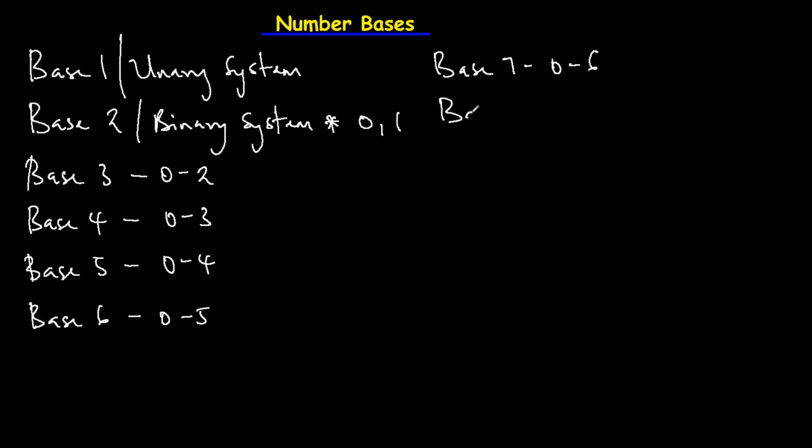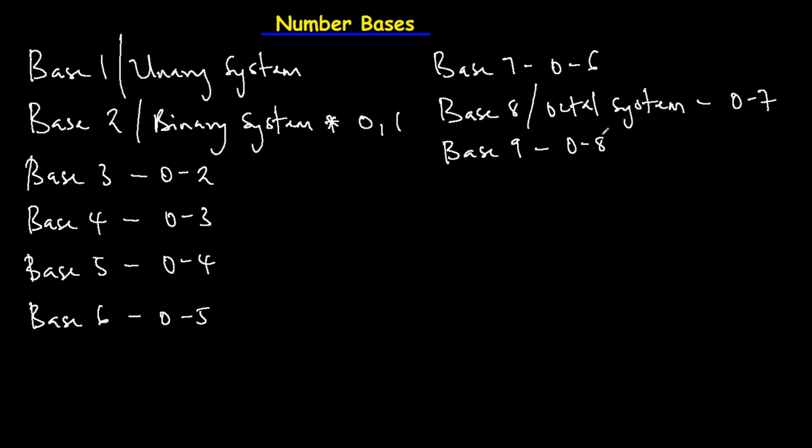Then we have the base 8 system, also called the octal system, which uses digits 0 to 7 to form numbers. Then we have the base 9 system, which uses digits 0 to 8 to form numbers. Next, we have the base 10 system, which uses digits 0 to 9 to form numbers, as we have already talked about previously in the video.